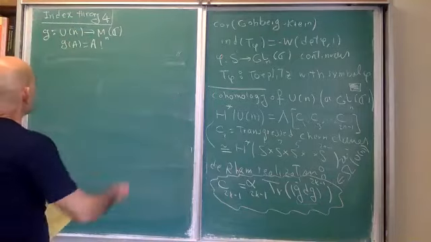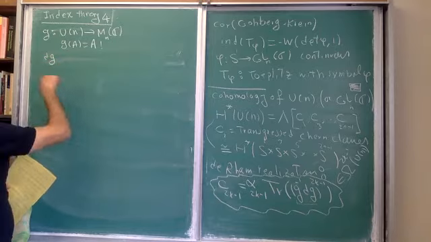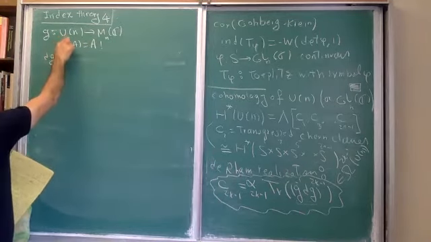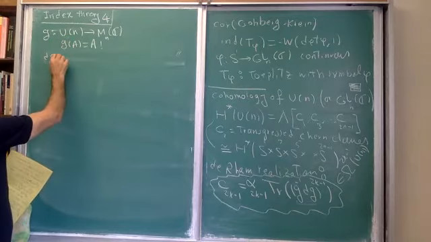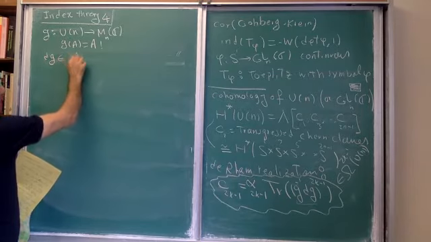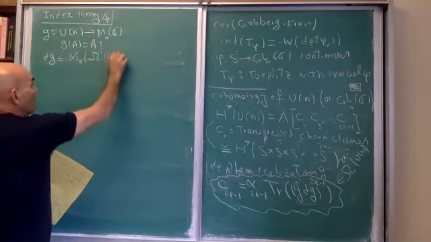Okay. So then DG, of course, is a matrix of one forms on UN, right? So this belongs to Mn of Omega 1 of UN.